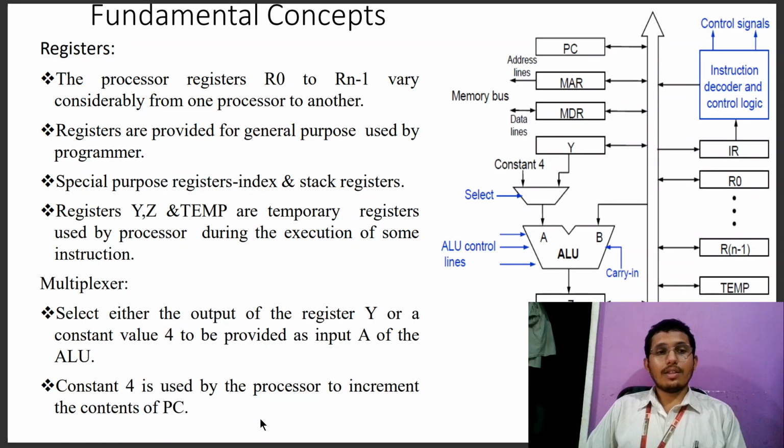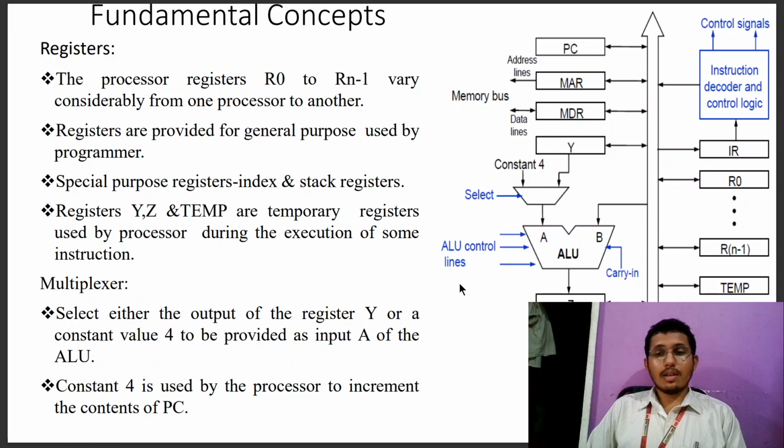The next one is registers. General purpose registers are R0 to Rn-1, which are located in the processor. The processor registers R0 to Rn-1 vary considerably from one processor to another. Registers are provided for general purpose use by the programmer. Then there are special purpose registers, index and stack registers.